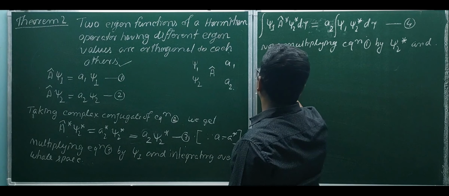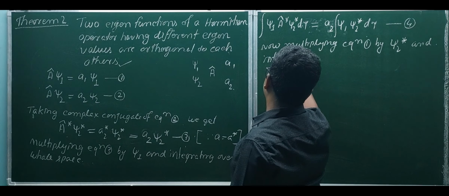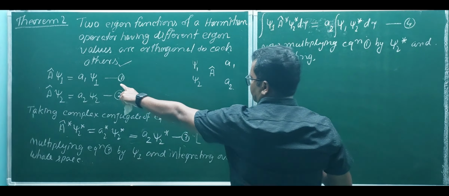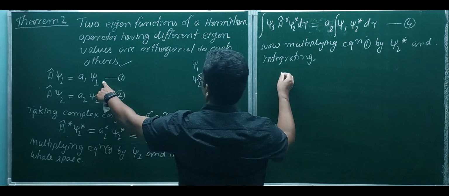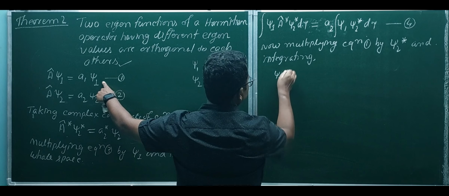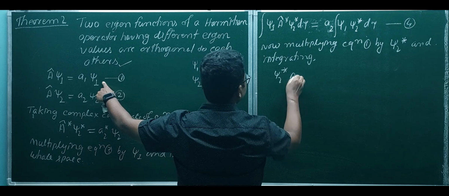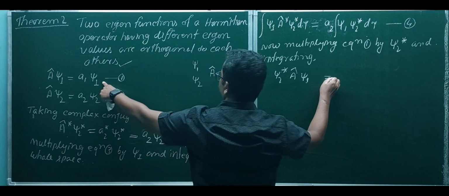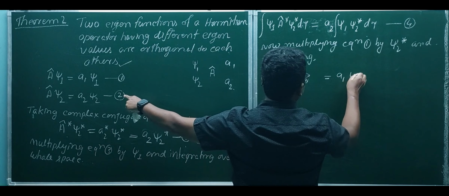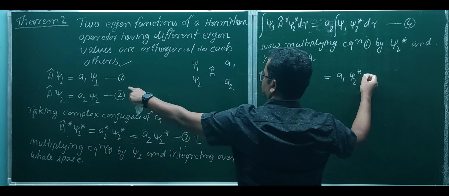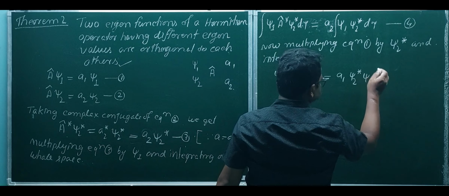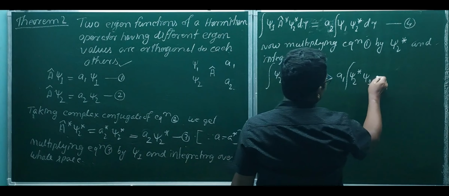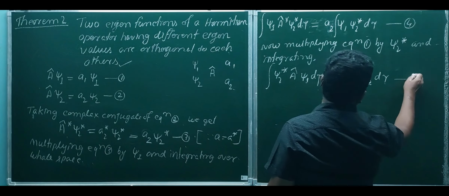So this is psi 2 star A cap psi 1 equal to A1 psi 2 star psi 1. Now integrating d tau, so equation number 5.